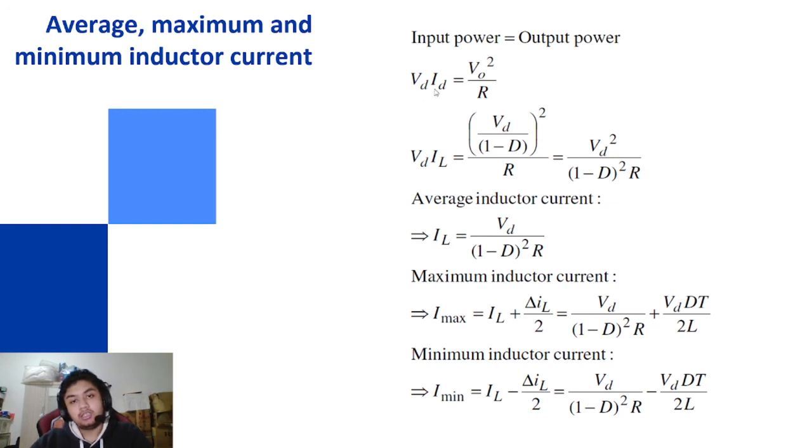So VD times ID equal to VO squared over R. And the average current IL equals VD over 1 minus D squared R. For the maximum one, it is IL max, equal to IL average plus this, so this is the calculation for the maximum inductor current.